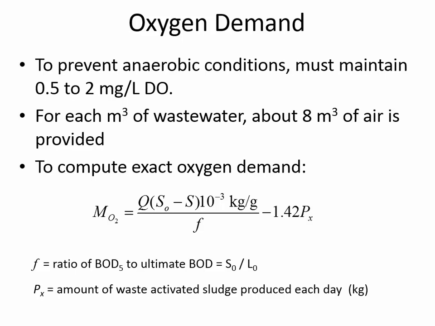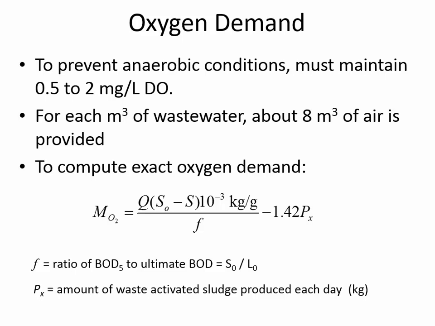Here's a formula that we're going to use in today's in-class exercise that tells us the mass, in terms of kilograms per day, of oxygen that's required. Now, this formula doesn't take transfer efficiency into account. This is just talking about how much mass of oxygen the bacteria themselves are breathing.